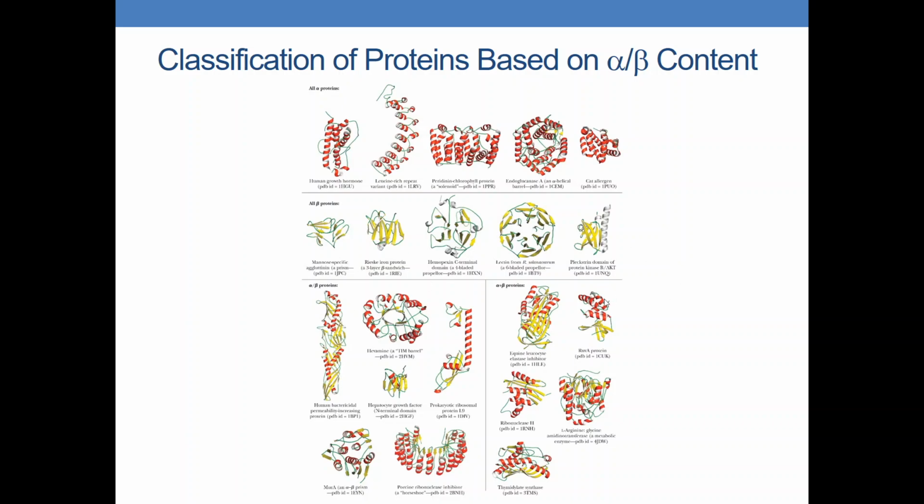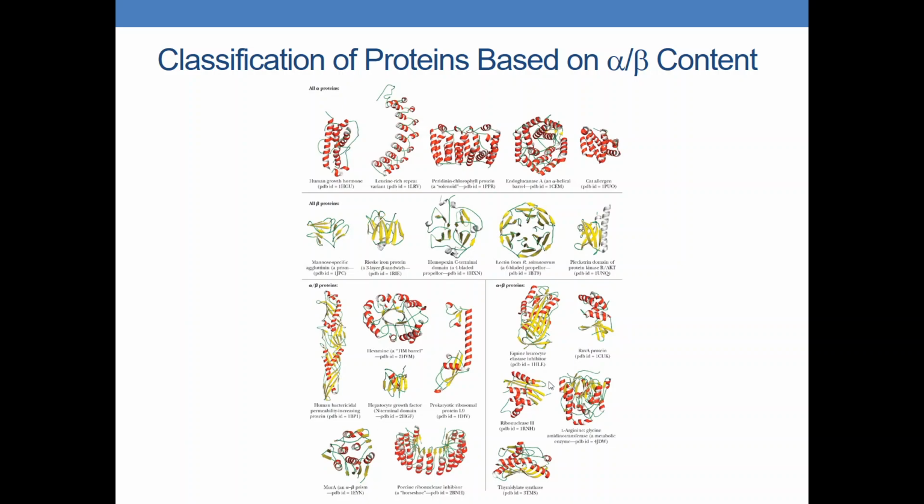In contrast, you have alpha plus beta proteins where the alpha and beta secondary structural components are kind of separate from one another. If you look at this example, RuvC, you'll see there's some beta and there's some alpha, but all of your alpha stuff is connected to your beta via this linker, and you could theoretically cut that linker and separate alpha from beta.